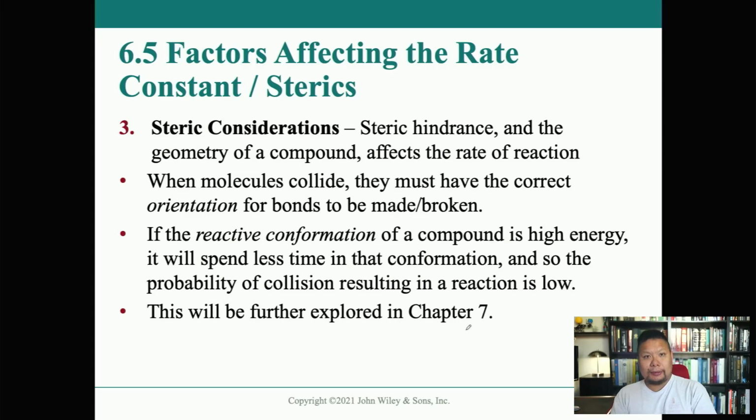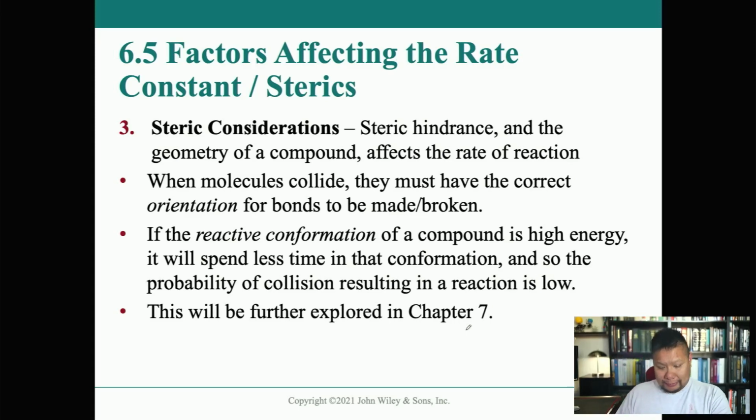Then, the third thing that affects the rate is steric considerations. Steric hindrance and the geometry of a compound can also affect the rate of reaction. When molecules collide, they must have the correct orientation for the bonds to be made or broken, which I said already before. If the reactive conformation of a compound is higher energy, it will spend less time in that conformation, so the probability of a collision resulting in a reaction is low.